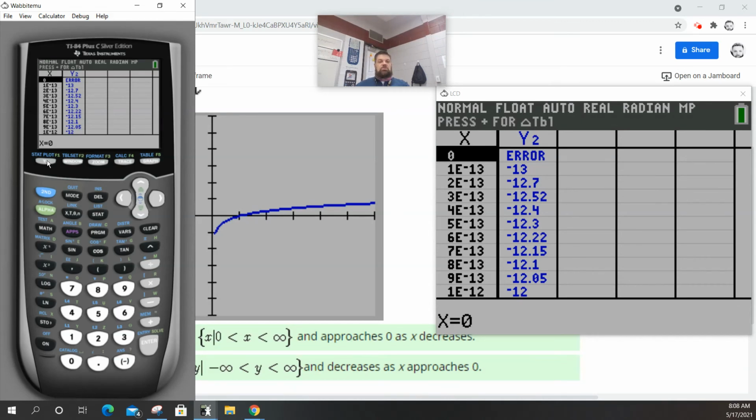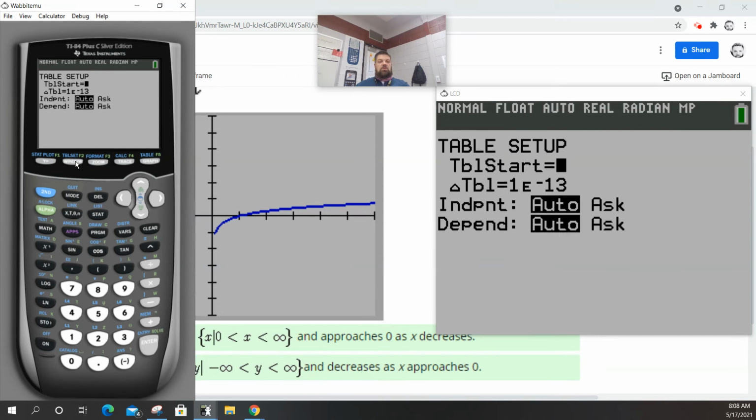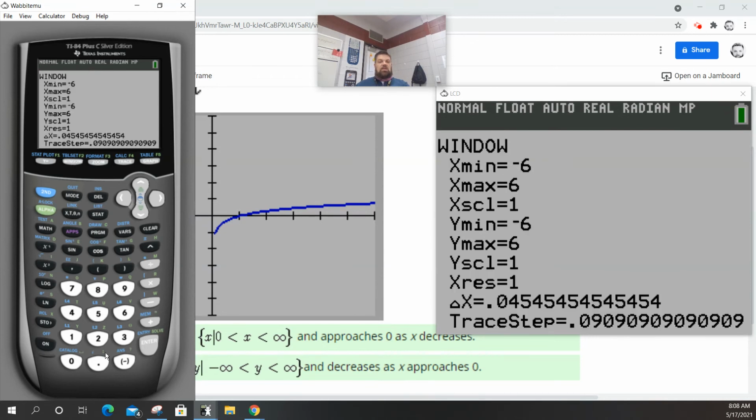So if I go to, well, we'll just hit window. If I let my x equal 0, and we'll put this at 1. And then our x scale will do 0.1.